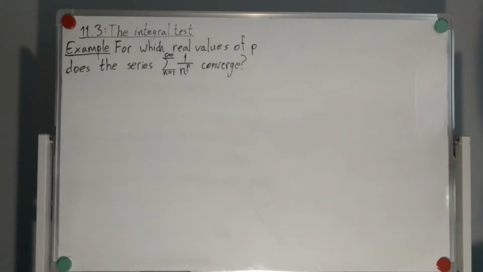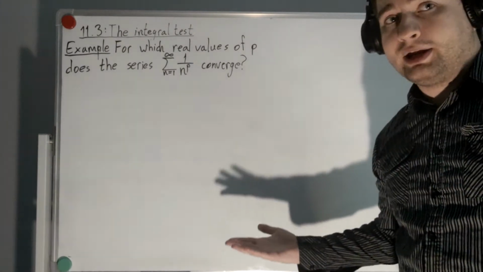This series is called the p series. Let's look at how this works. There are a few cases that we need to consider. First of all, it's possible that p is negative, right?